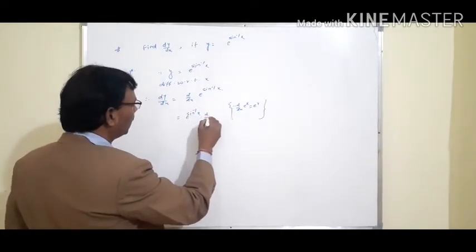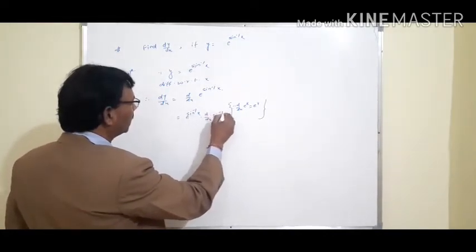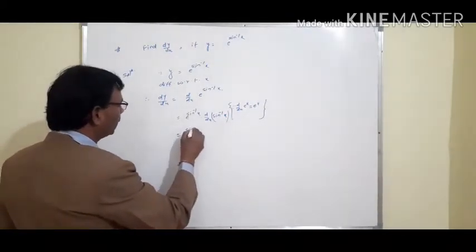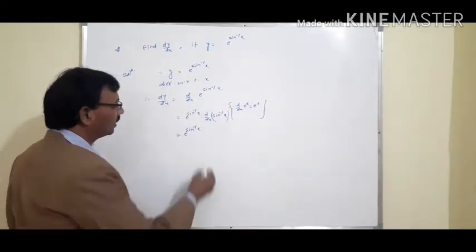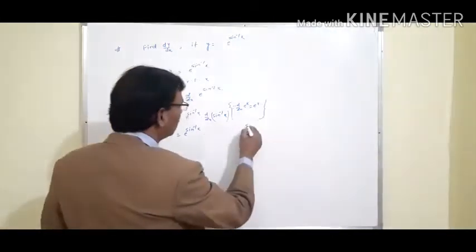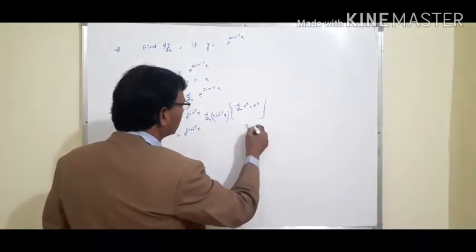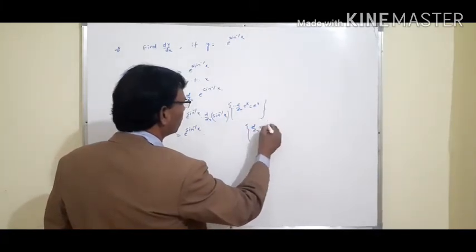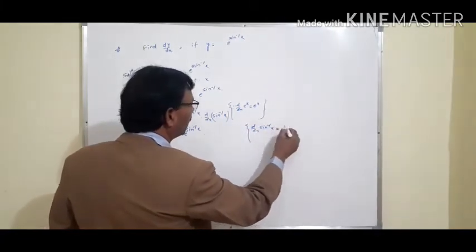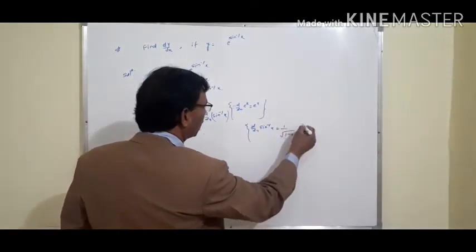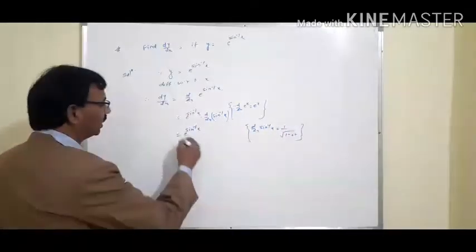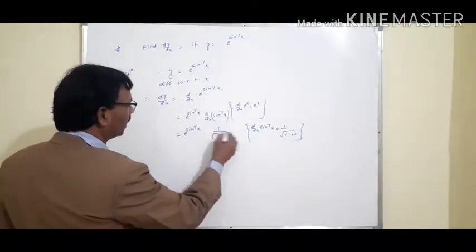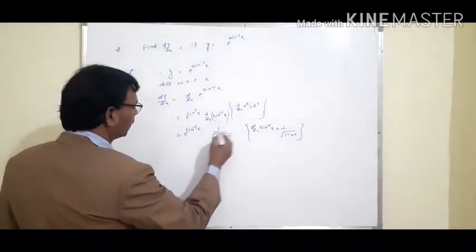So this will be e to the power sine inverse x, write as it is, into dy dx of sine inverse x, which equal to 1 upon root under 1 minus x square. Therefore the derivative of sine inverse x is 1 upon root under 1 minus x square.